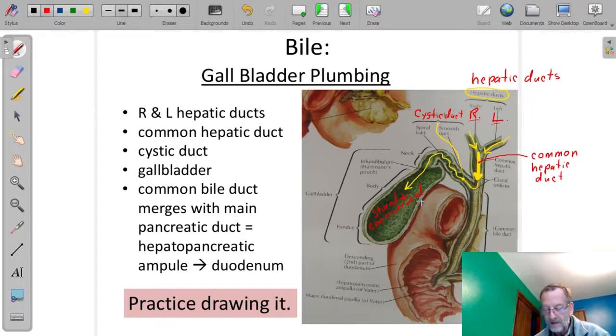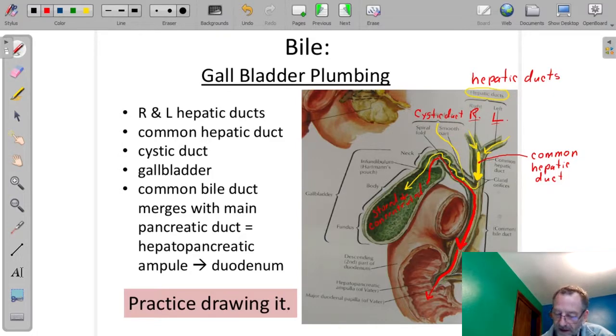So once the signals for fat digestion reach the system and the gallbladder is stimulated to excrete bile, the bile is pumped out of the gallbladder back through the cystic duct, and now it flows down into the common bile duct. And then it eventually leaves out to this ampulla.